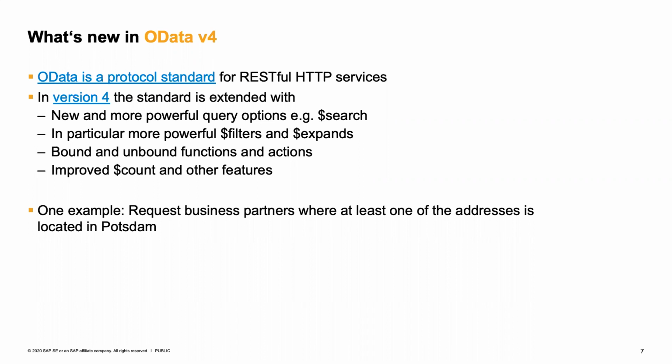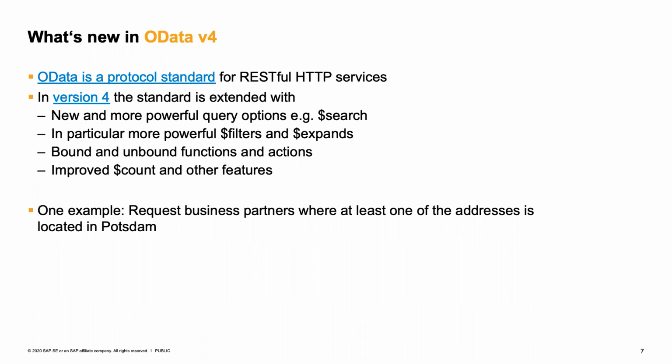implementing RESTful HTTP services. There is a version 2 of this standard, and then version 3 was developed, which is, I think, not that widespread, but then version 4.0 was developed and released by the OASIS committee, and there quite some new functionality came in that actually extends the standard with new features, with new capabilities.